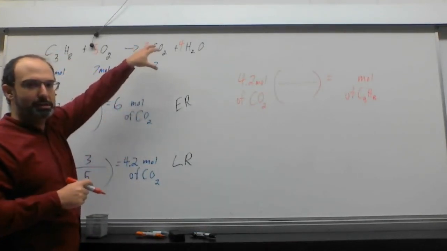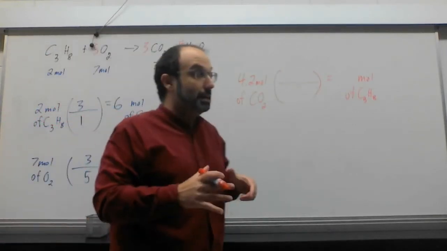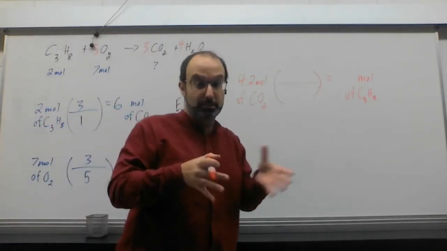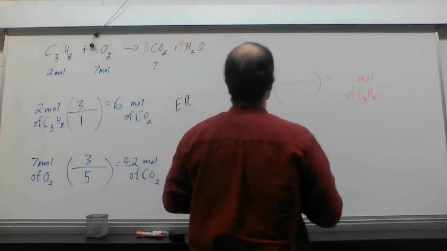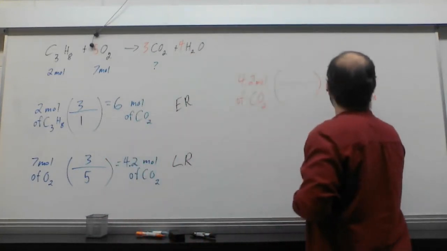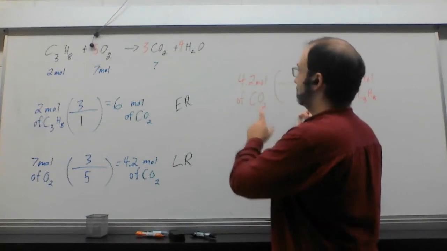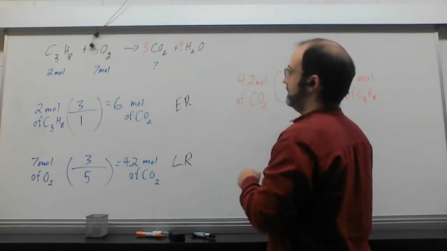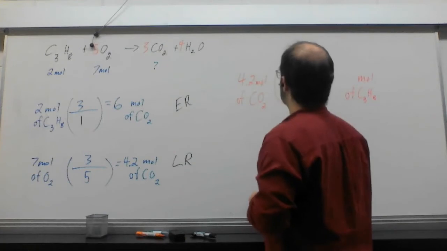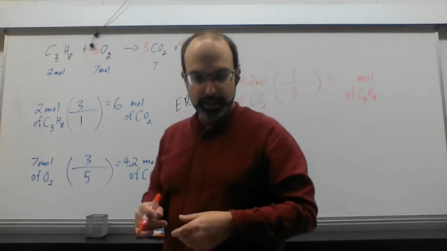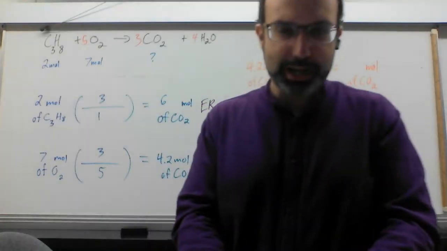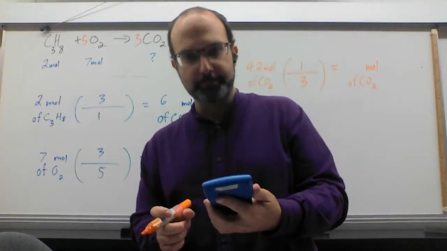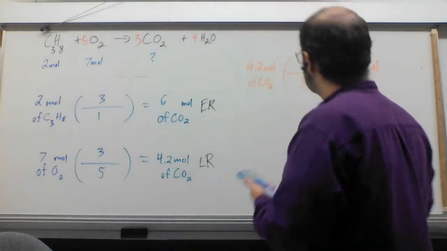And then now that we've gotten here, we're going somewhere else with it. But in terms of what we actually do, it's just a simple stoich question. Nothing fancy about it. So we've got down here that the carbon dioxide is 3 and the propane is 1. So all I have to do is take 4.2 and divide it by 3. So when I do that, I end up getting 1.4.